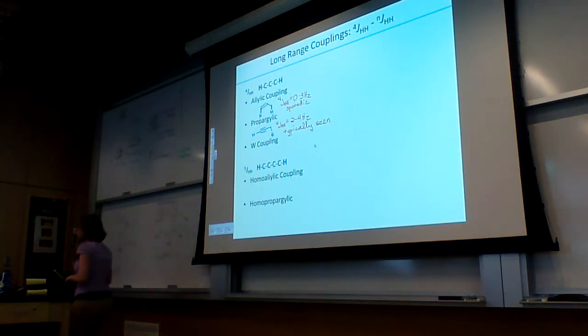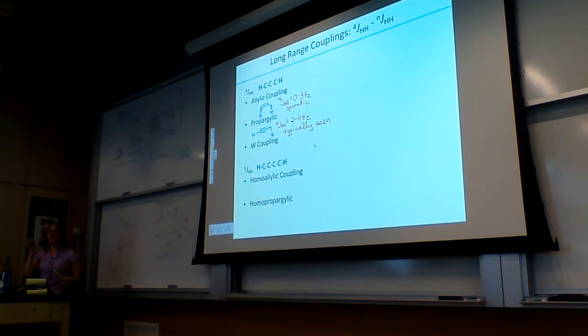Make sure you zoom in on those peaks and make them pretty big so you can see it. So, this allylic one depends on the conformation. And I'll refer you to the book for the very nice drawings.